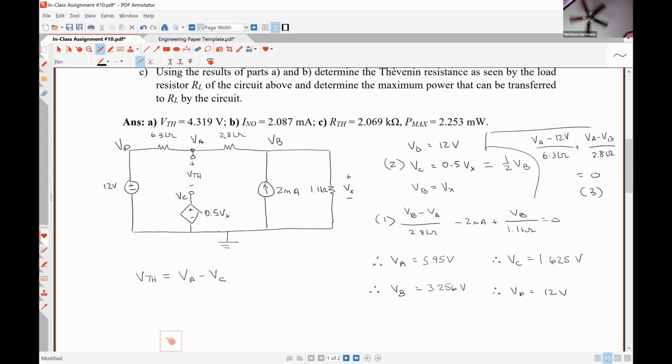So 5.95 minus 1.625. What's that going to be? So let's see, 5.9 minus 1.6 looks like 4.3.